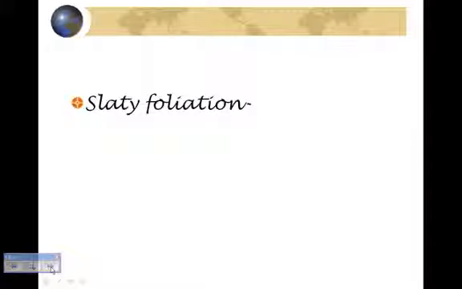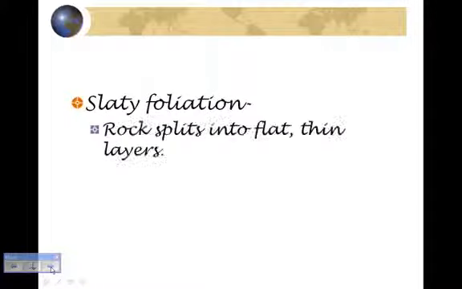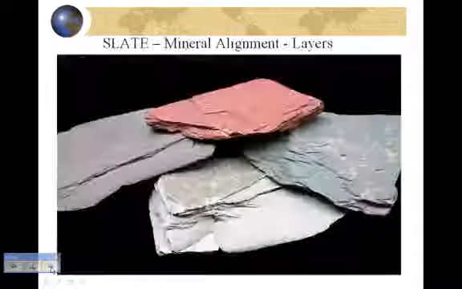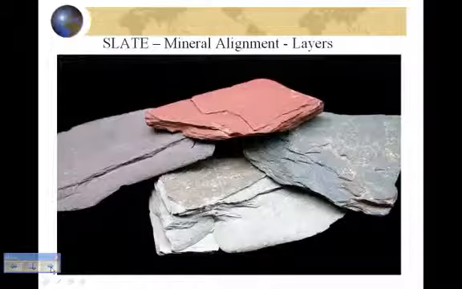The third type of foliation is a slaty foliation. This is where the rocks split into flat, thin layers. It normally occurs in the presence of only mica crystals, such as are found in clay. And here's a very nice picture of slate.